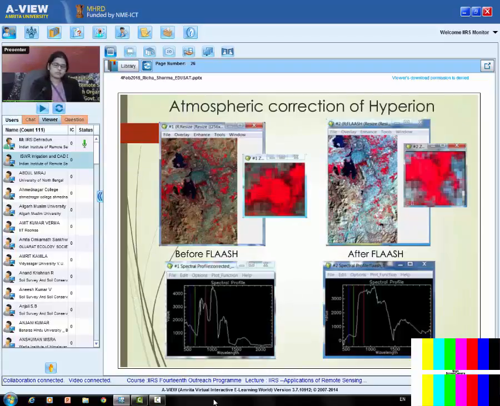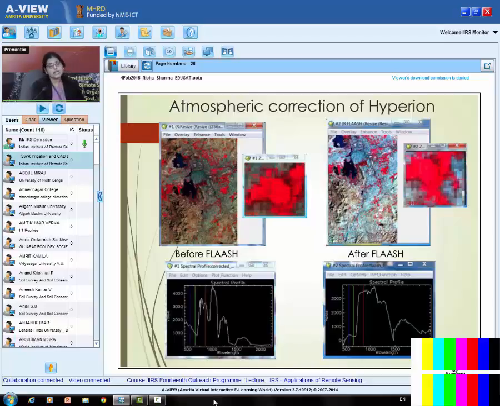Now, as I have already told you, the first step was the atmospheric correction of the Hyperion data. The steps I have shown you, the removal of the bad columns and bad bands, are pre-processing steps, so they have to be done before the atmospheric correction. And after this, we have to do the atmospheric correction.